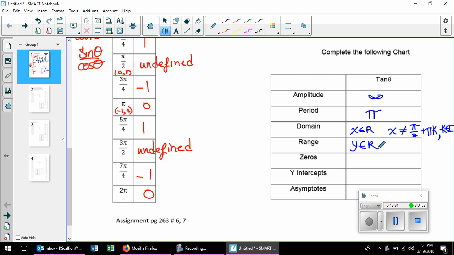Zeros of the function. This is the general statement again. So where does our first zero occur? Zero. Awesome. So you could say 0 plus, and we got to make a general statement, k pi. I like to put pi k, but that's okay.